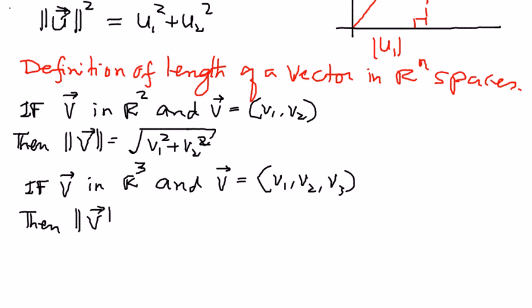The length is written out as the square root of V1 squared plus V2 squared plus V3 squared.